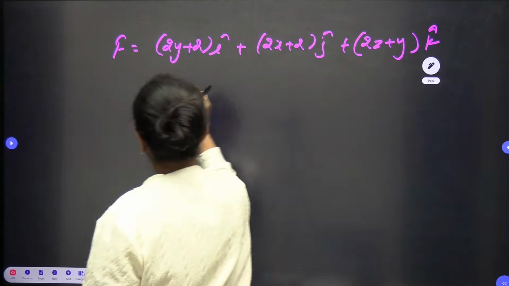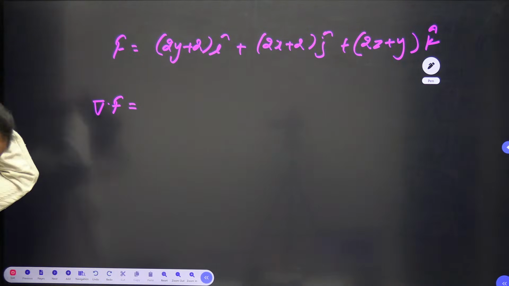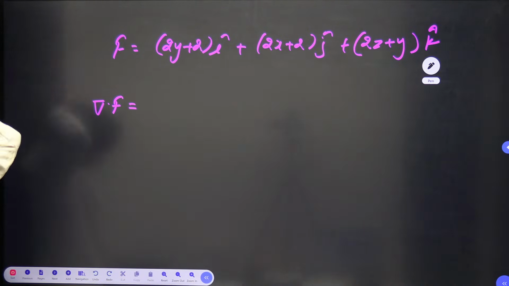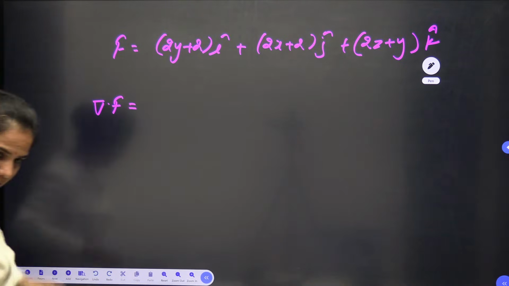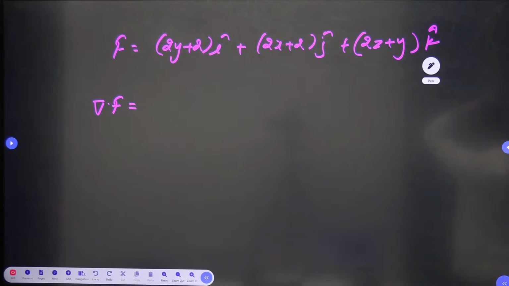All right, I'm looking for the divergence del dot f. Divergence means for the given function you partially differentiate f1 with respect to x, f2 with respect to y, and f3 as well. So when I'm solving, what is the result? Let's check it out.